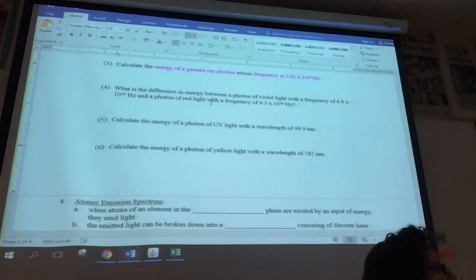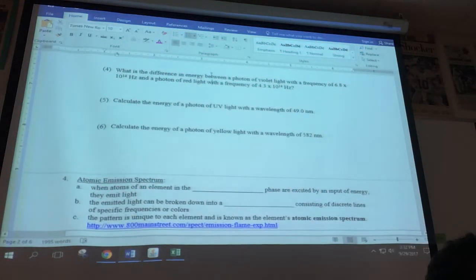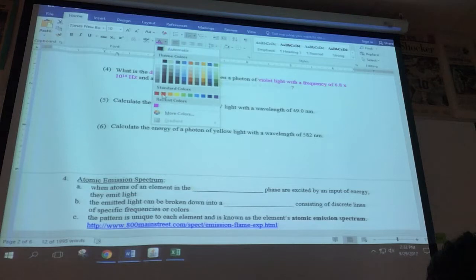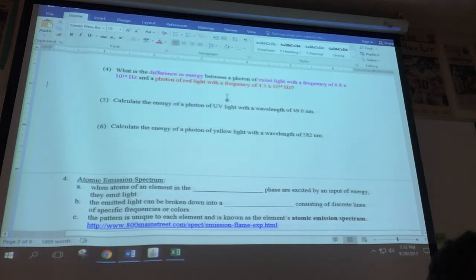Number 4 is grossly similar. It says, what is the difference in energy between a photon of violet light with a frequency of 6.8 times 10 to the 14 hertz and a photon of red light with a frequency of 4.3 times 10 to the 14 hertz.